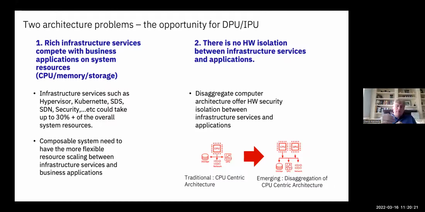All of those capabilities require compute and resources to make them happen. As you think about infrastructure services such as hypervisors, container management platforms, Kubernetes, software-defined storage, software-defined networking, and a lot of what I talked about in security, in total it can take up to 30% of the overall system resource.